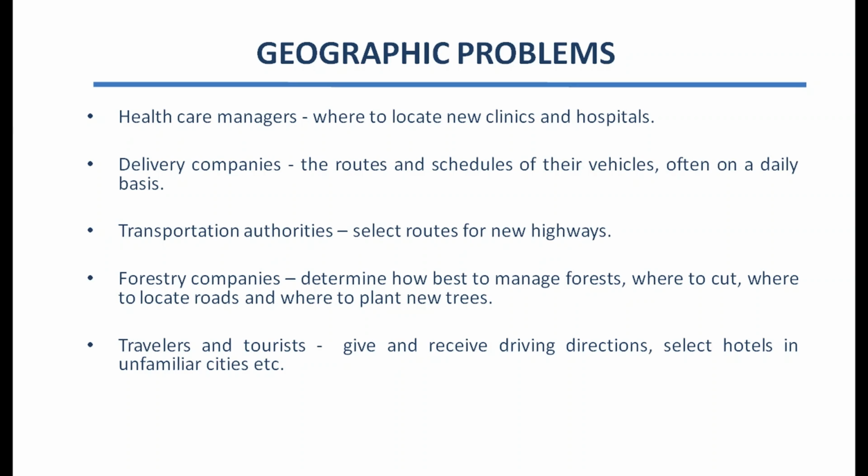Even atlases: a few decades back, you were completely dependent on an atlas to know the status of an area, the directions, the road network. Atlases cannot be updated so frequently. But nowadays we are using Google Earth or Google Maps, which are actually on a geospatial platform, and they get updated very frequently.